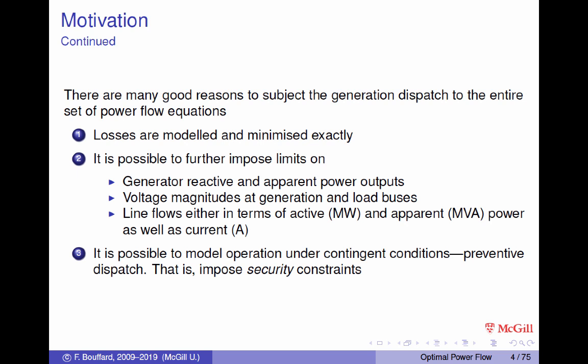Also, we want to be able to optimize voltage magnitudes at generation and load buses, and typically this is associated with loss minimization. And we need limits on line flows in terms of active power, apparent power, as well as current. Effectively here we're talking about thermal limits or stability limits in most cases.